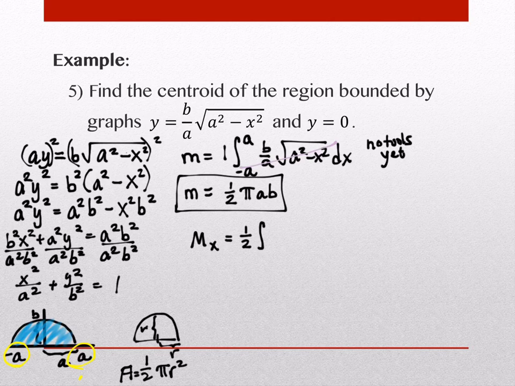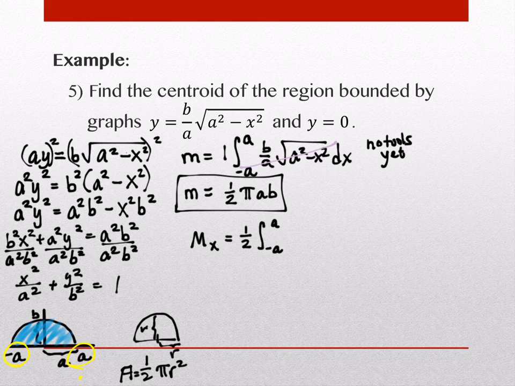And if you wanted to, you could actually go from 0 to a and then double it. That would be another way to do it. I'm going to show it to you from negative a to a because things are going to cancel out nicely either way we do it, but recognizing that it is a symmetric graph.